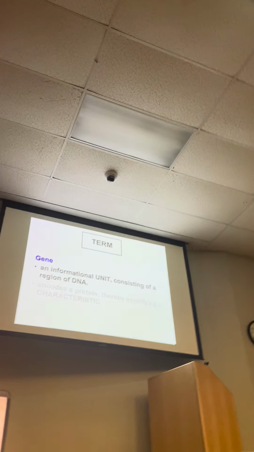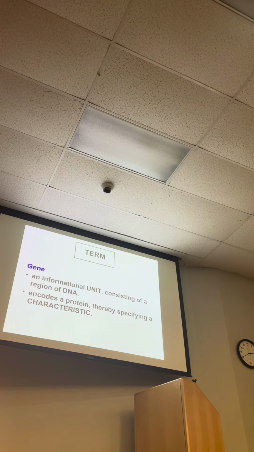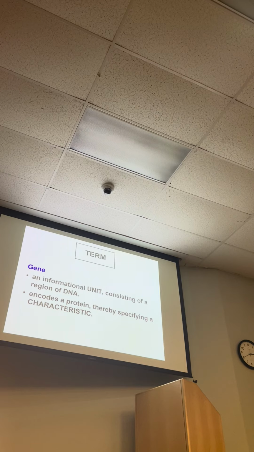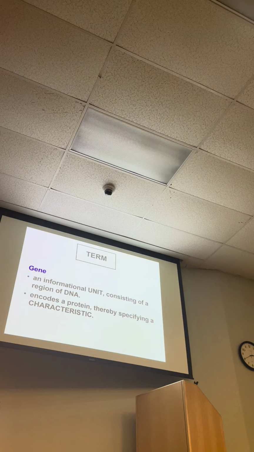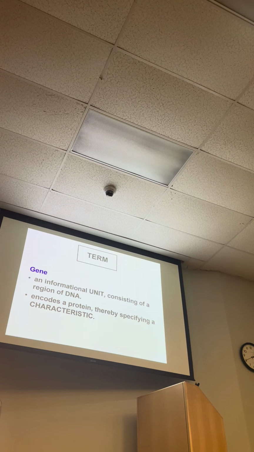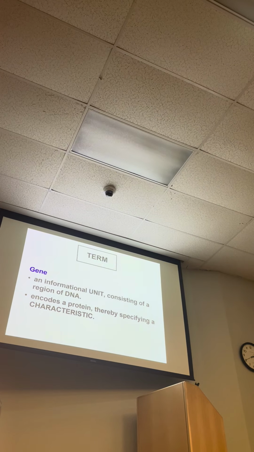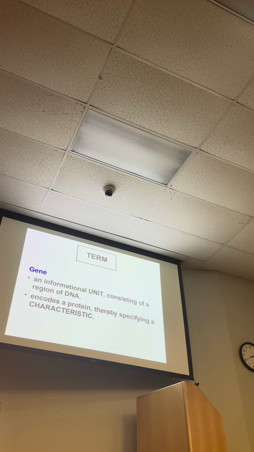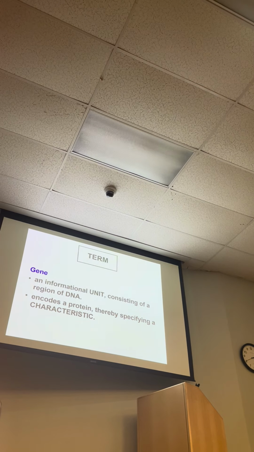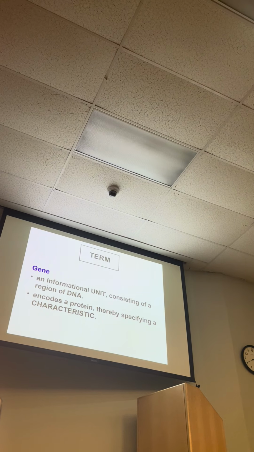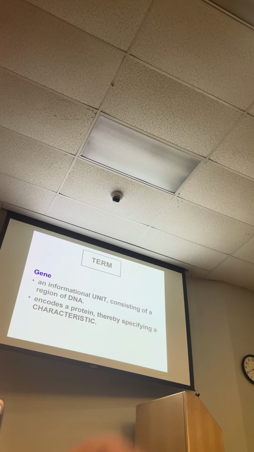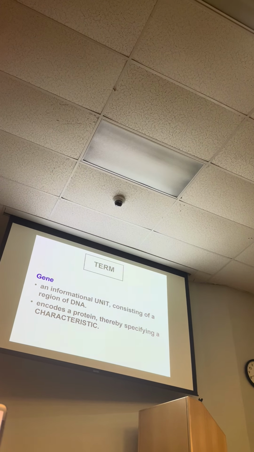Part of the DNA, a region of DNA. A gene, again, is going to be what encodes a protein. So it's a gene that specifies a protein, and by doing so, it provides for a characteristic. So people have an eye color.